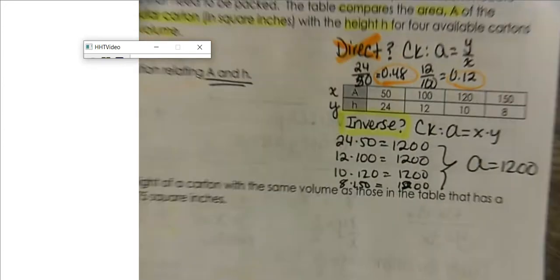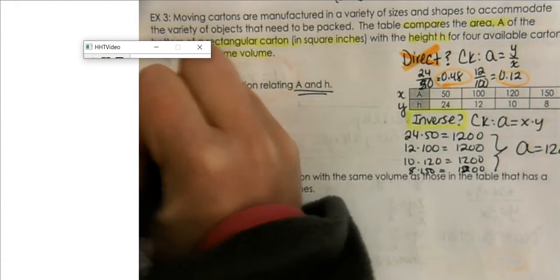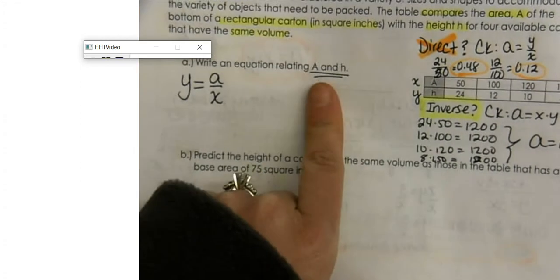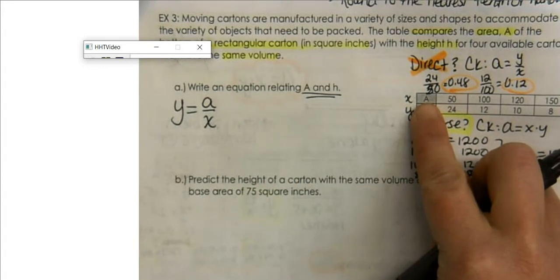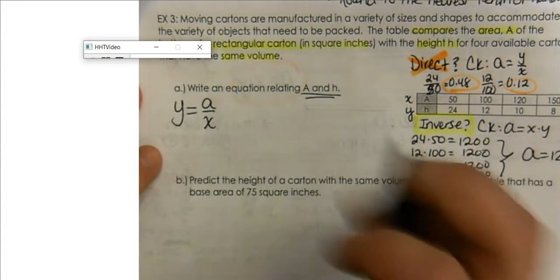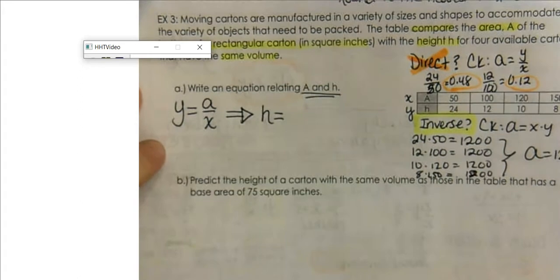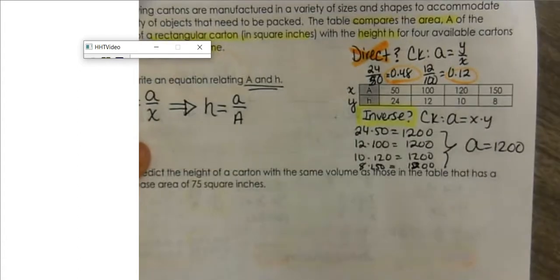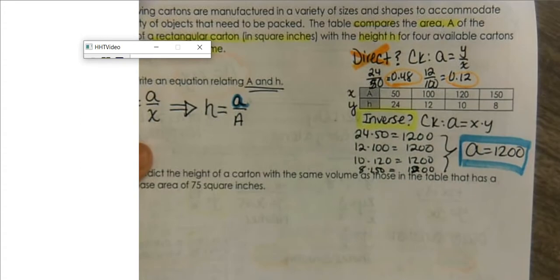So now I want to write my equation. Since I know that this is inverse variation, that means I'm going to be working with y is equal to A divided by x. But those aren't my variables in context because I need to work with A and H. So since A corresponds with x and H corresponds with y, my equation is going to be H equals A divided by capital A. And since I know that my A value is 1200, I'm going to put that value right up top.